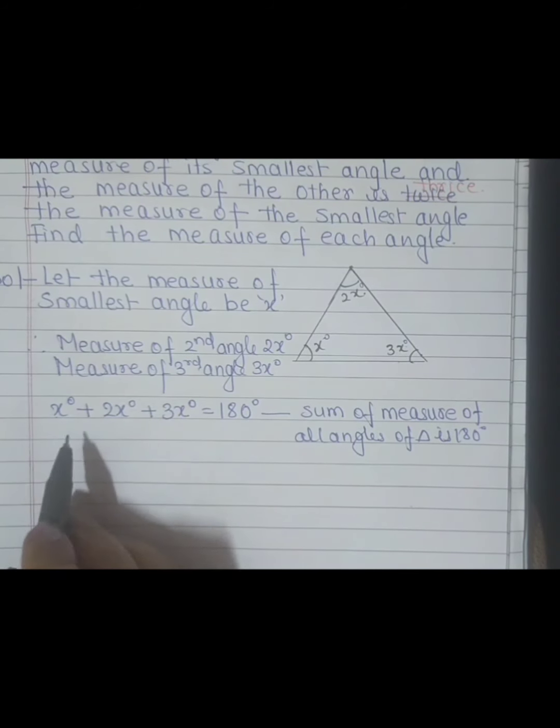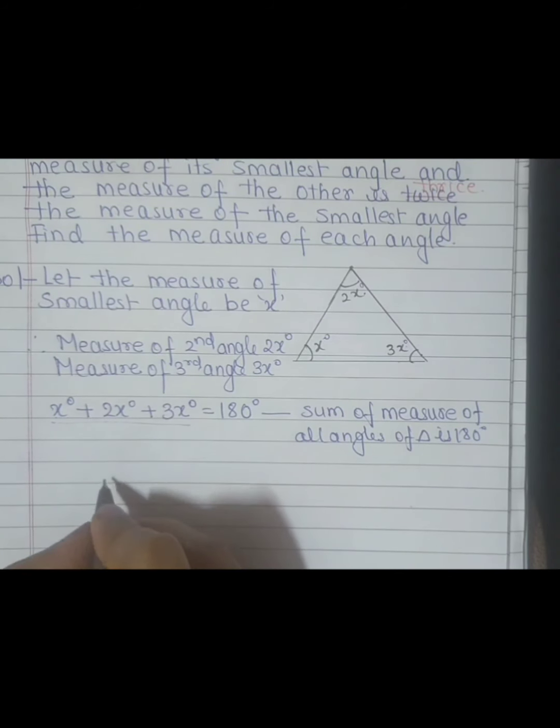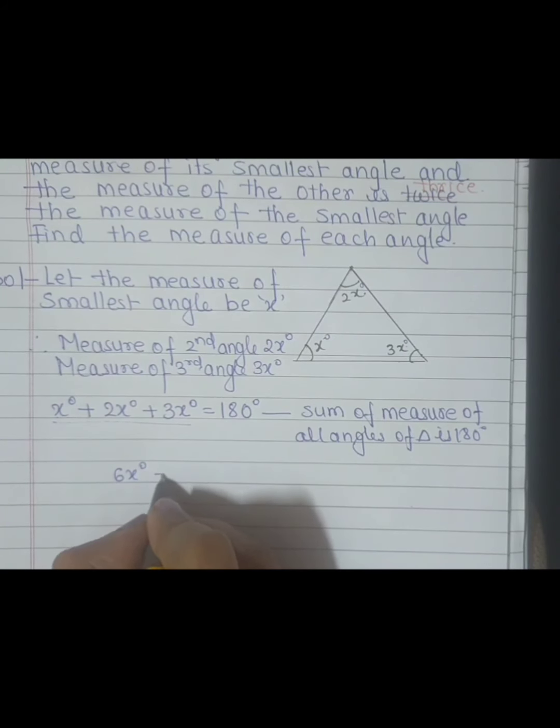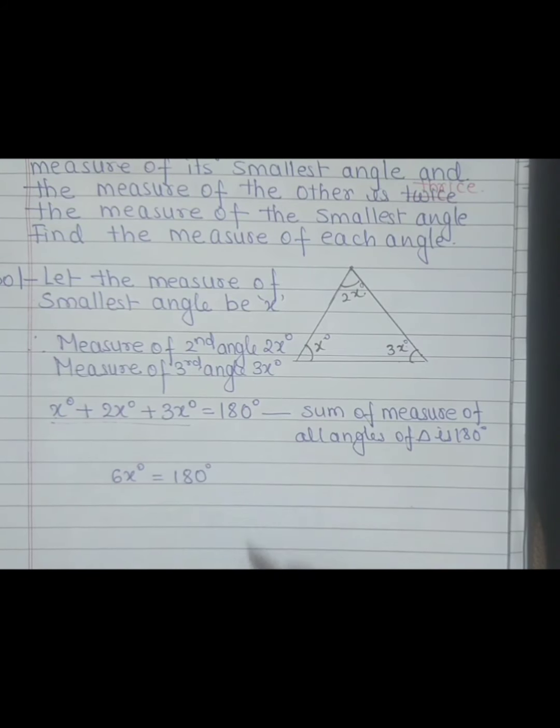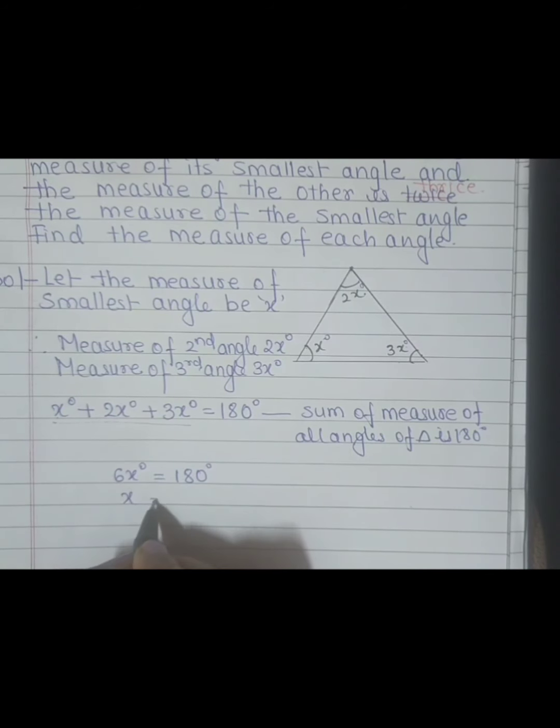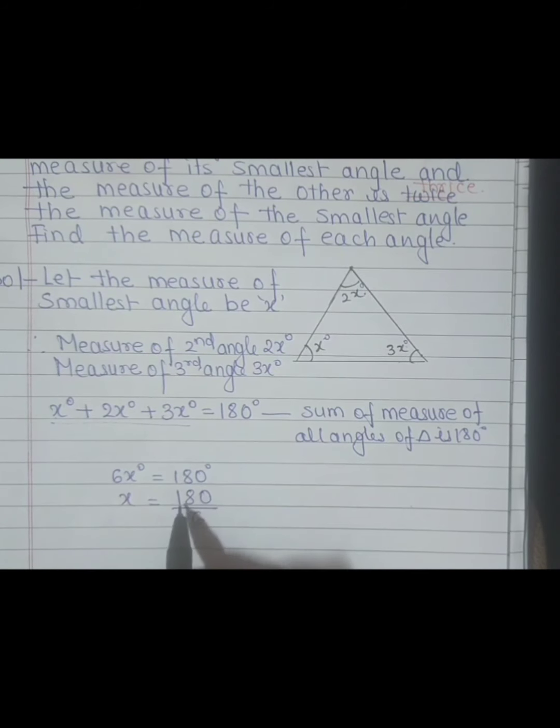By adding all this we get 6x degree equal to 180. Now x is equal to 180 upon 6. When we divide, we get the value of x as 30 degree.